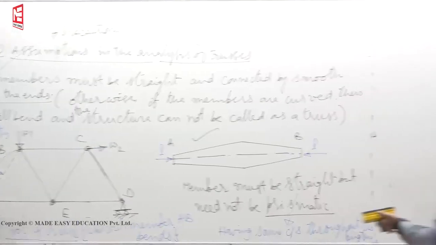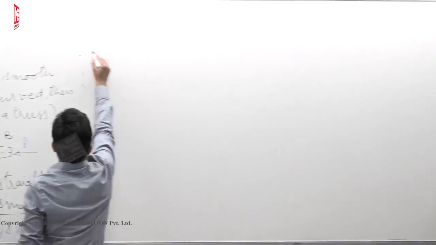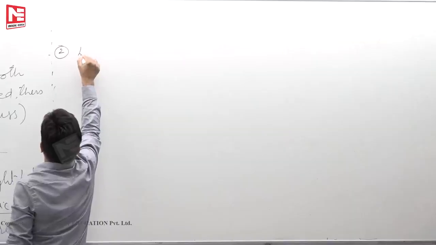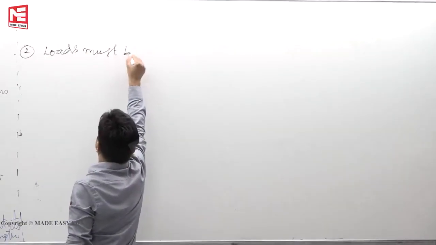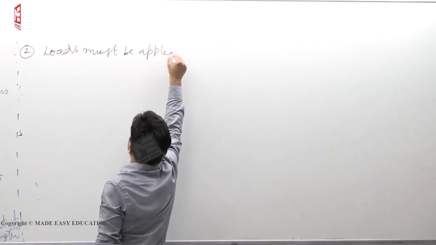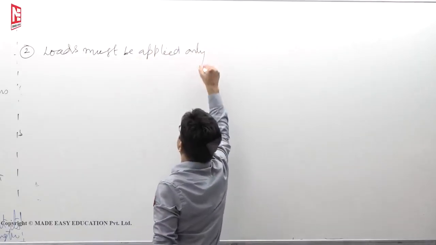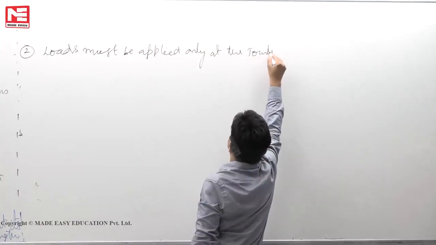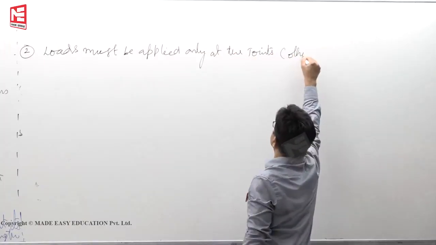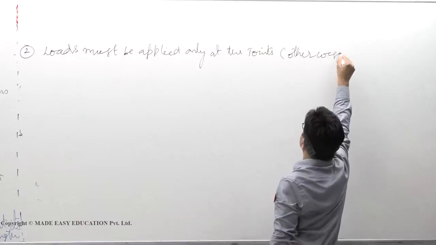Now the second assumption or second precaution is loads must be applied only at the joints. What happens otherwise?